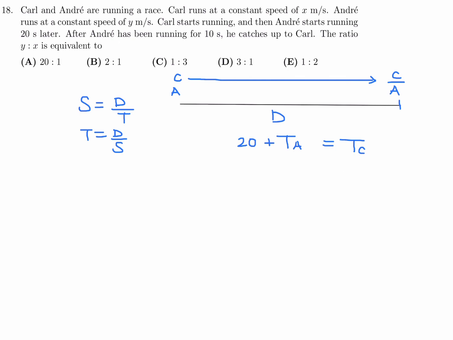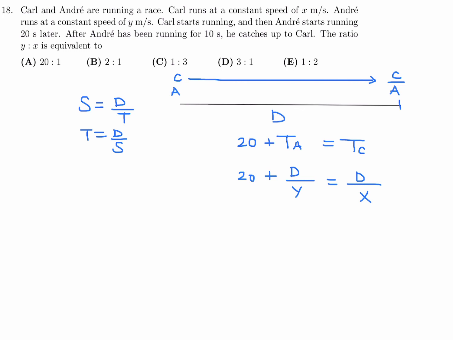Okay, so now let's just use this, D over S. So 20 plus D over S. D is, well, we don't know what D is. And then S is the speed for Andre, which is Y, according to the question. And then for this calculation, it would be, again, D over S. D is just D, and then the speed for Carl is X, according to the question.